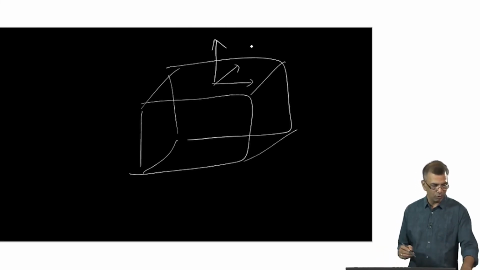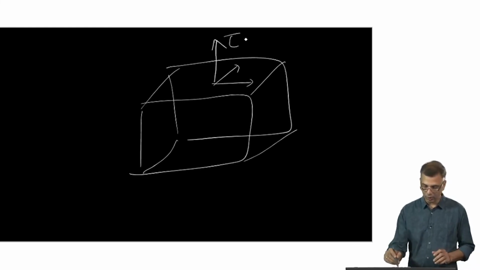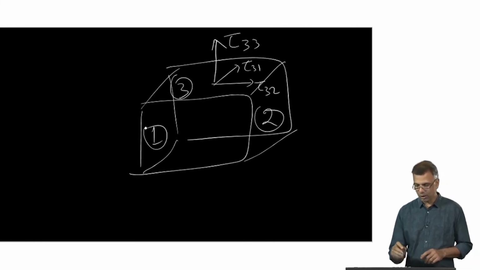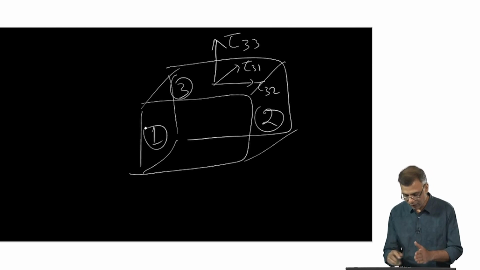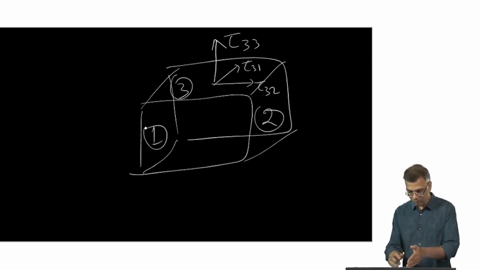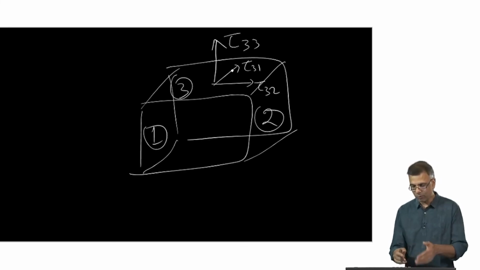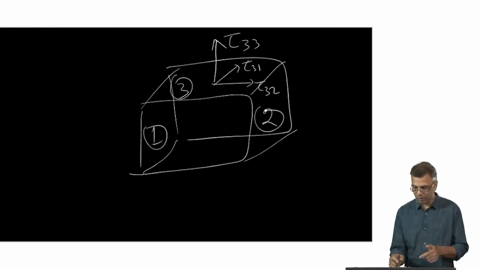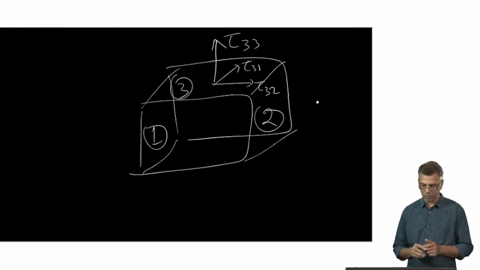So if I call this face 3, this face 2, then tau 33 would be the force per unit area acting on face 3 along the normal to the face, whereas the other components are the force per unit area acting on face 3 along other directions, such as along the normal to face 2.